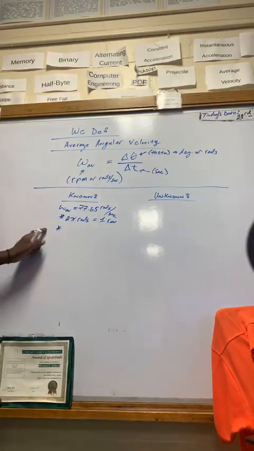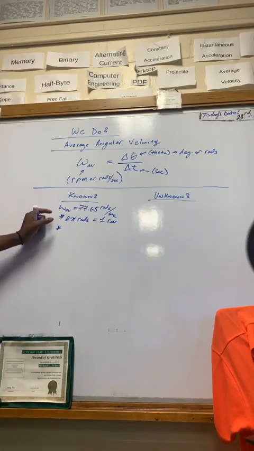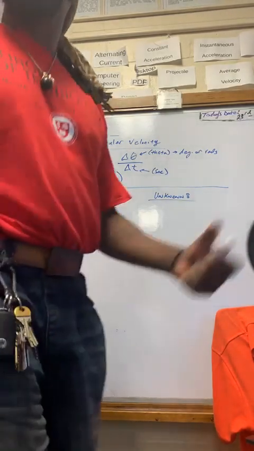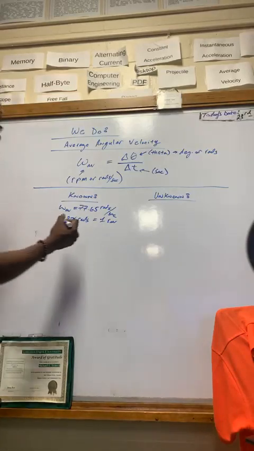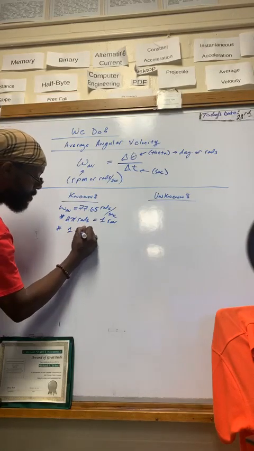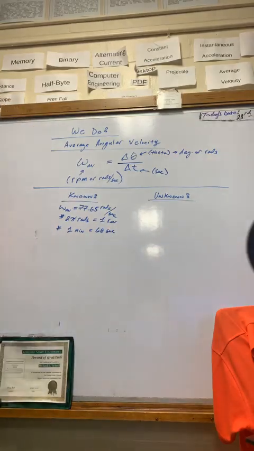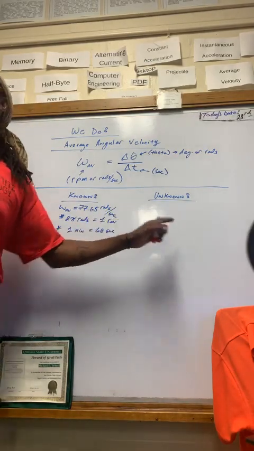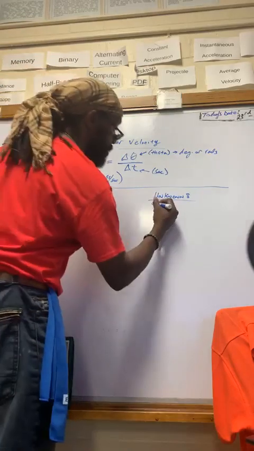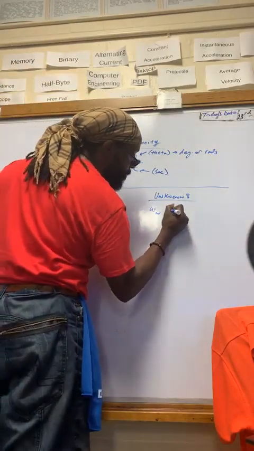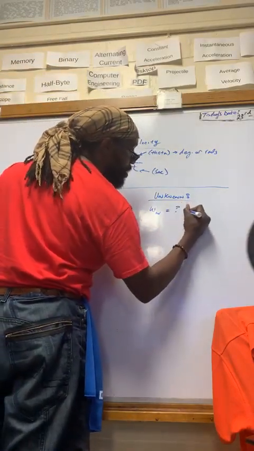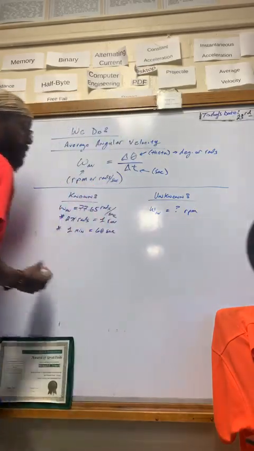You also need to know that 1 minute is equal to 60 seconds. We have to convert this from rads per second to revolutions per minute. So omega AV is equal to question mark RPM.